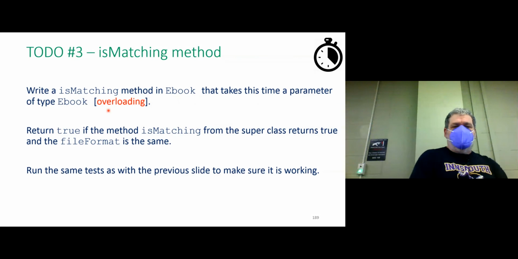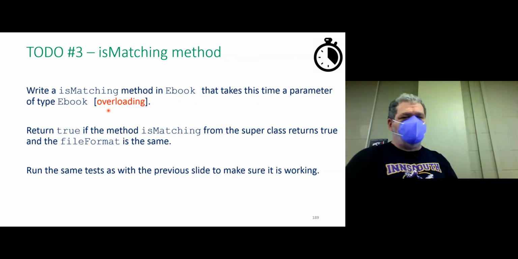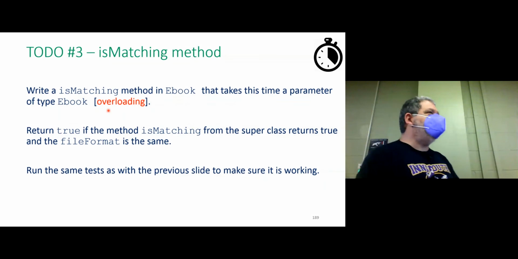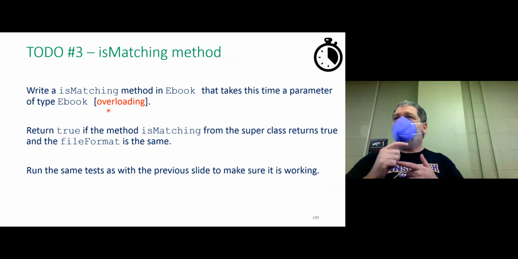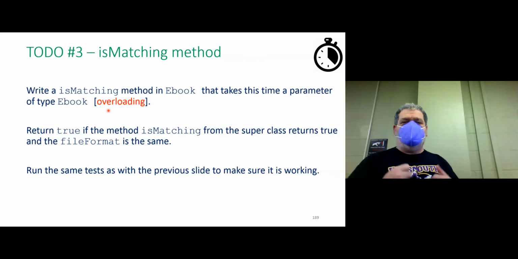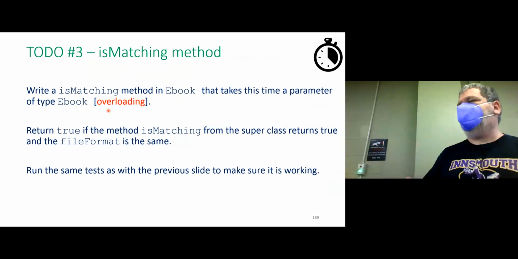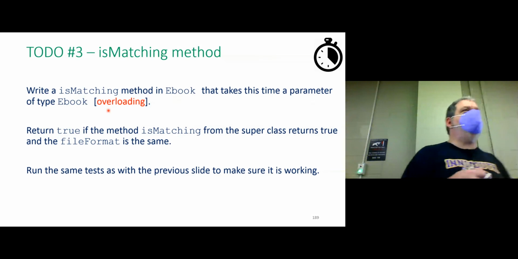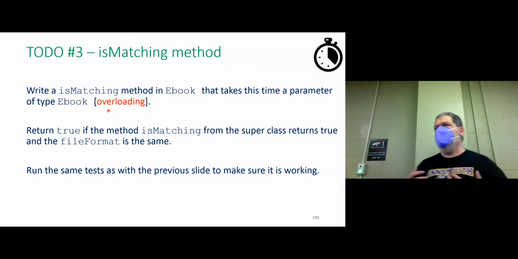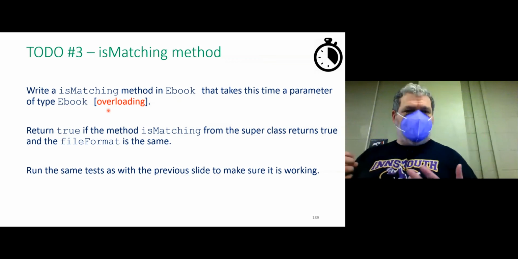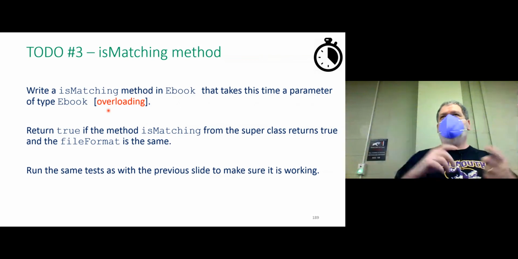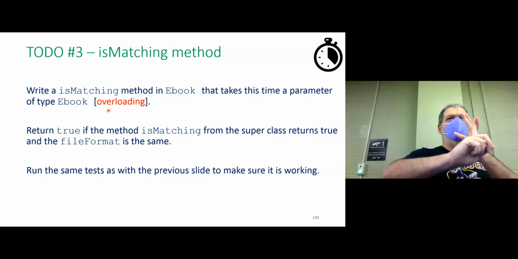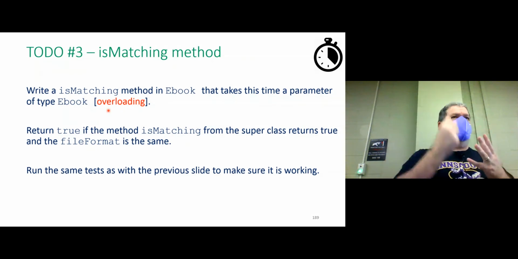Okay. The rule: this method is going to return true if isMatching from the superclass returns true and the file format is the same. So we are going to chain and call the superclass version. That is to say that the isMatching from the subclass, the ebook class, is deferring to the superclass, testing if the author, title, and ISBN are the same, waiting to get the result from that.